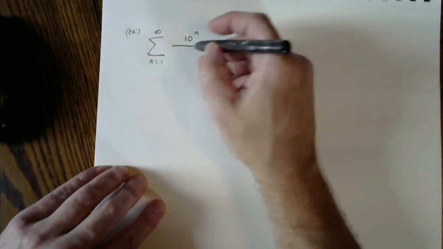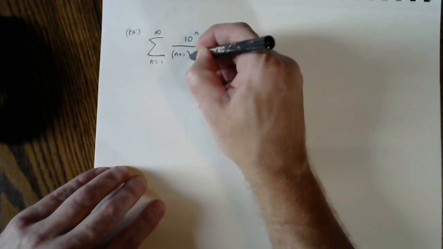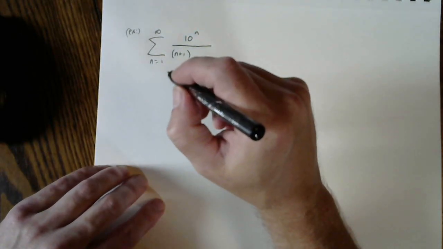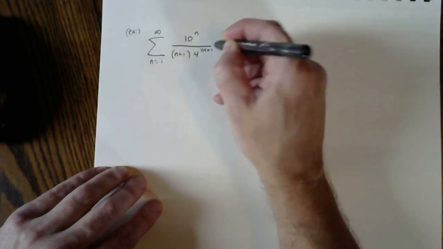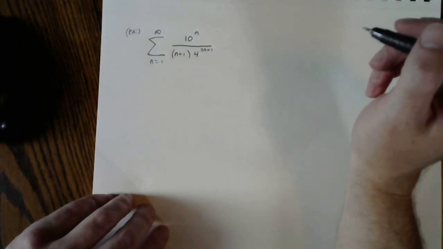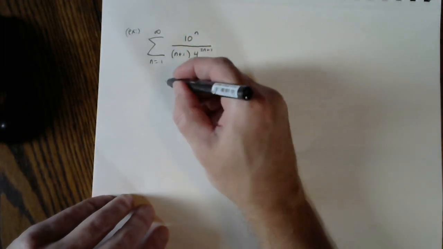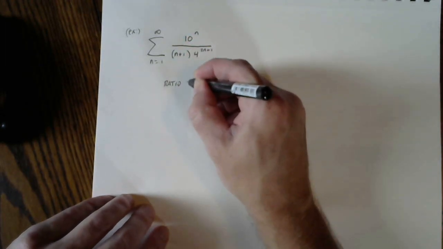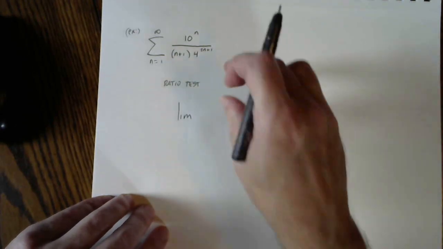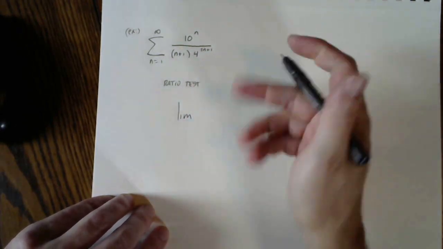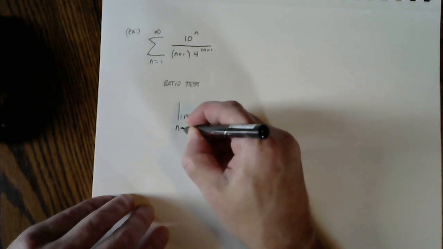In the bottom, I have n plus 1. And here I have 4 to the 2n plus 1. Okay, so I'm going to go in with a ratio test. And again, instead of writing stacked fractions, I'm going to just flip the one that goes in the denominator.